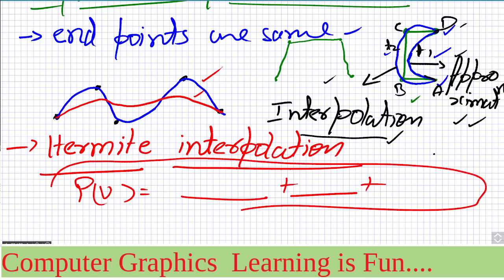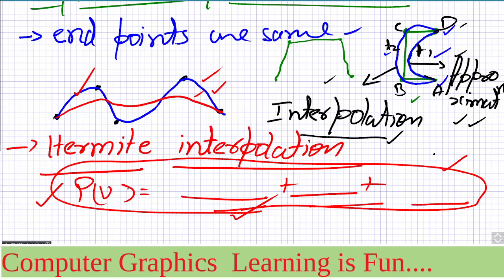This will give you an equation. Using this equation, you can generate an interpolated line. These equations can easily be found in the book, and you can use these functions, no problem, they are already available.